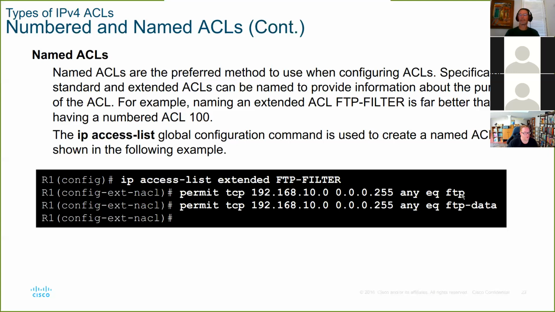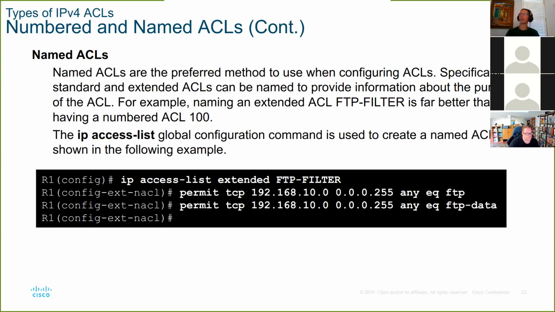Now, FTP is not very secure, right? Just like Telnet, everything travels clear text. So generally speaking, we don't allow FTP anymore or Telnet. What we do allow is SFTP or SCP in the Unix, Linux world, BSD world.